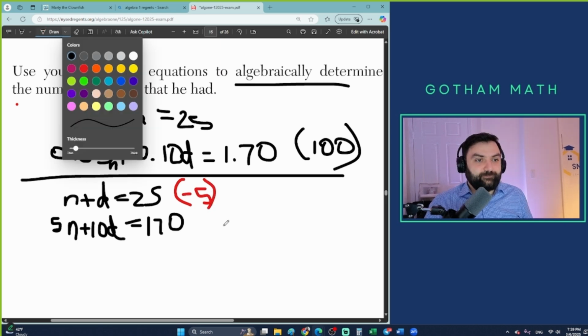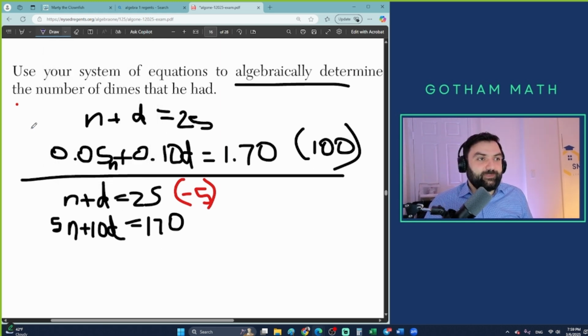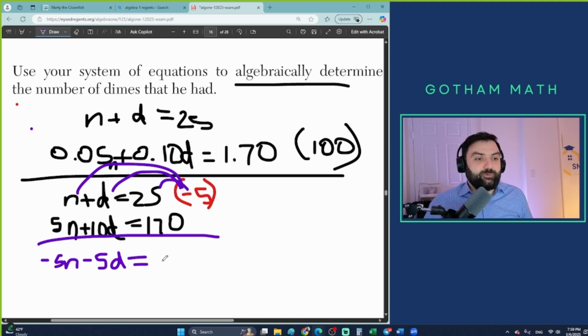Why the red? While everything is in black, it looks so satisfying. Okay, so why did I do that? So that this n will become negative 5n. Negative 5n minus 5d equals negative 125.